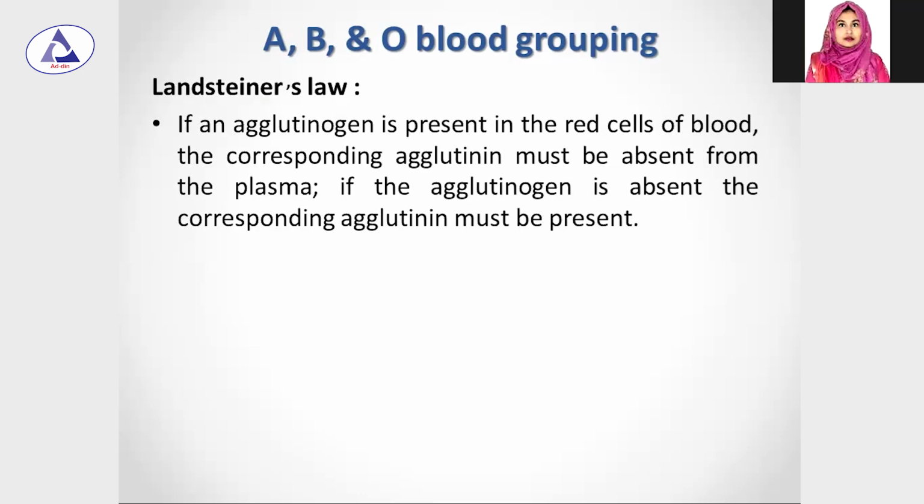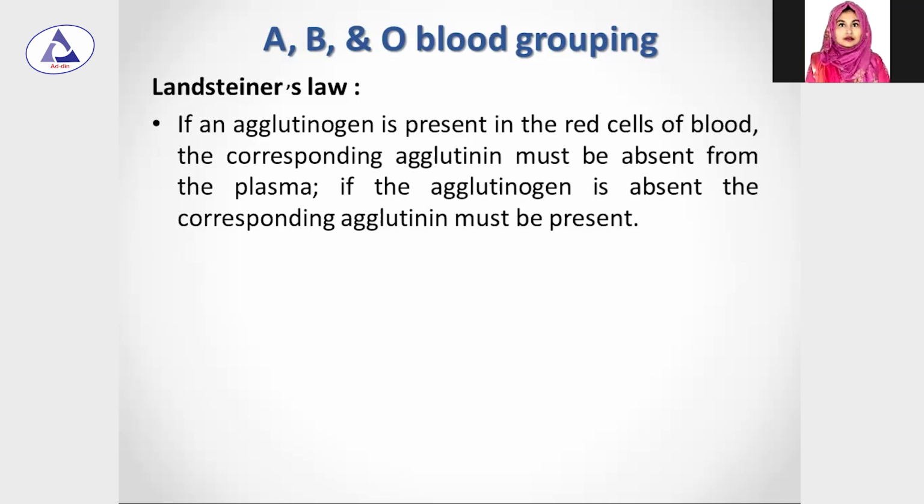So here we see two things: one is agglutinogen and another is agglutinin. Agglutinogen is present in the red blood cells, or in the membrane of red cells. And agglutinin, or antibody, is present in the plasma.